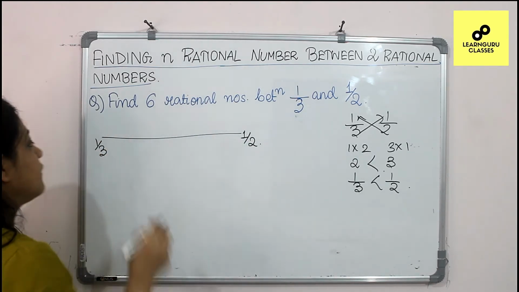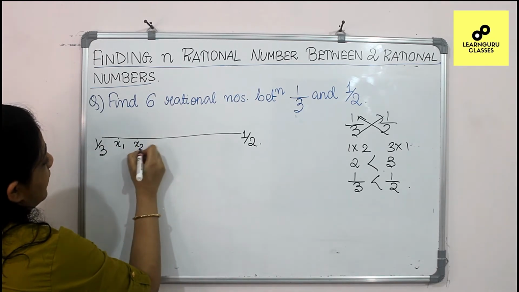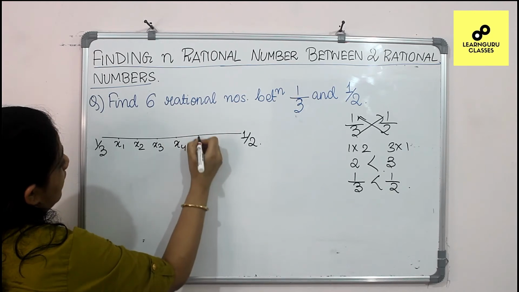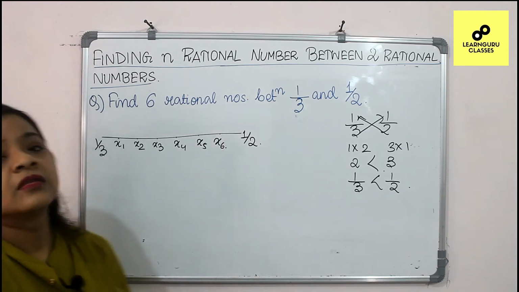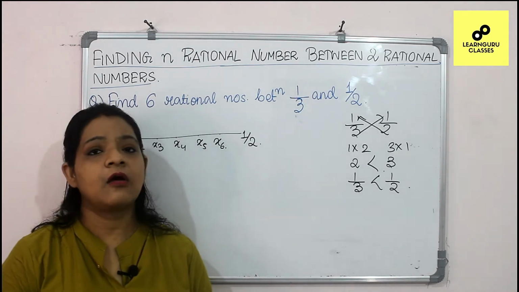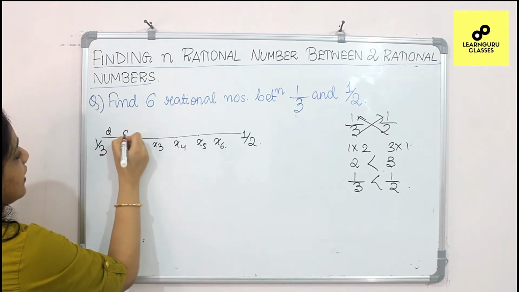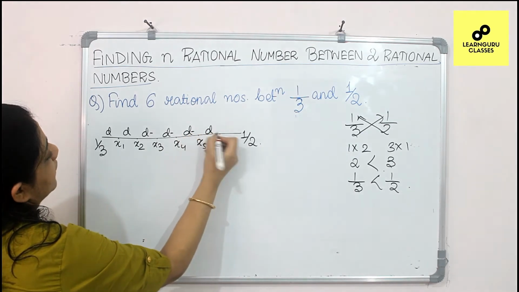And in between we will be placing the 6 rational numbers x1, x2, x3, x4, x5 and x6. Okay. So next duty is to find out the value of common difference, and all the rational numbers are placed at a distance of d, right?